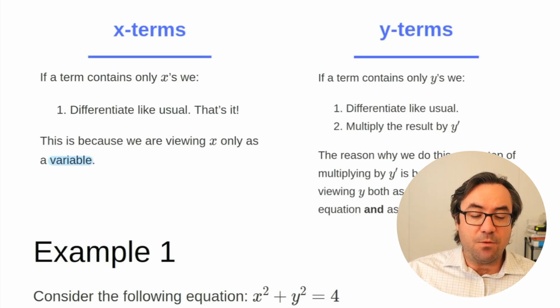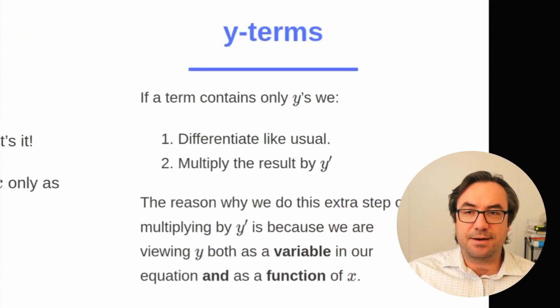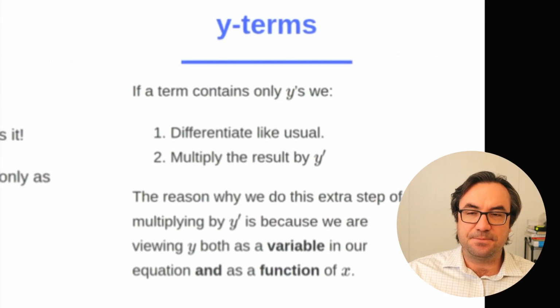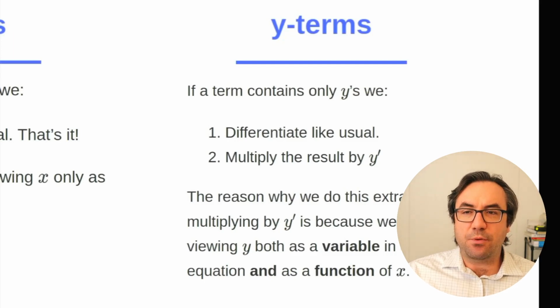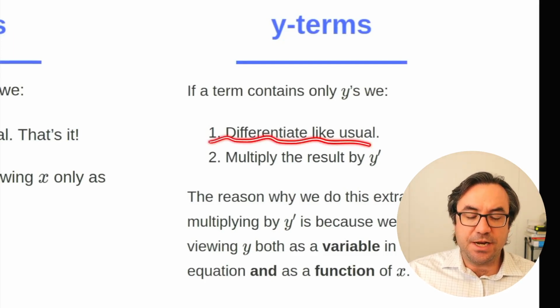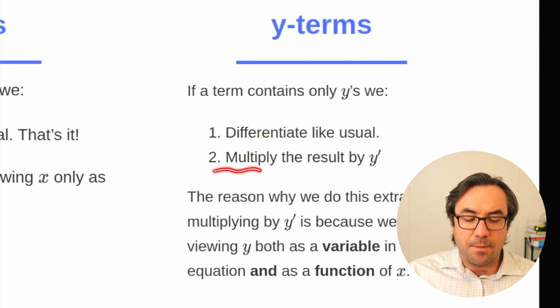If we have a y term in our equation, this is where it gets a little different. If we have only a y term, we're going to do a two-step process. We're going to differentiate it like usual, but then we're going to multiply the result by y prime.